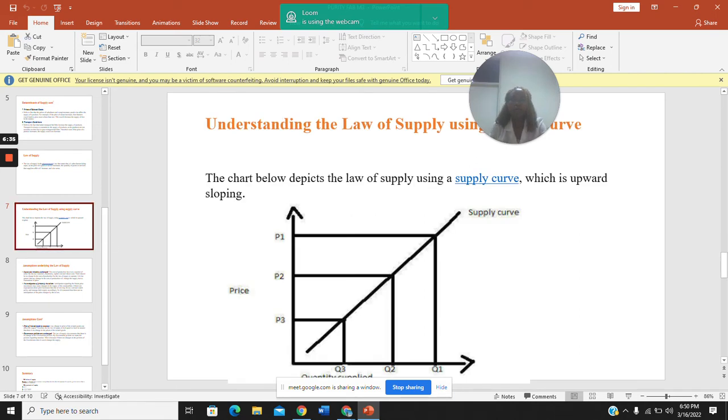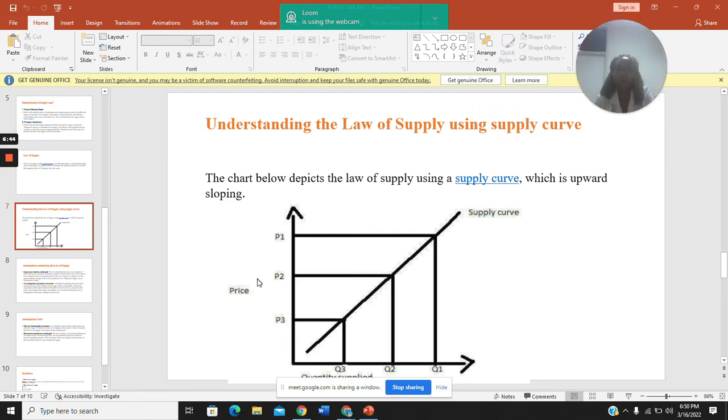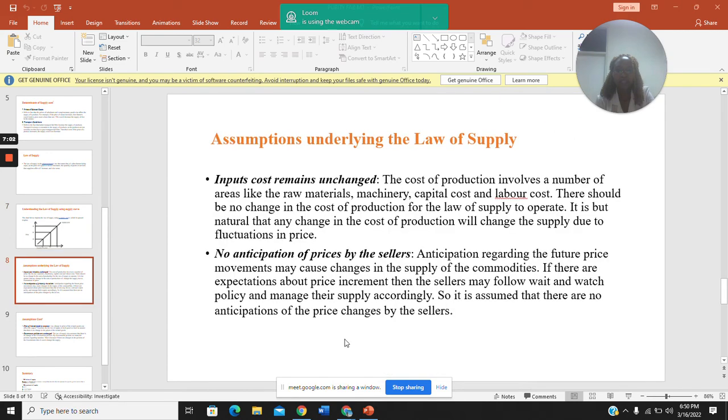Now let's try to understand this law of supply using a supply curve. The chart below depicts the law of supply using a supply curve, which is upward sloping. This means that when the price is P3, the supplier is able to offer quantity Q3.